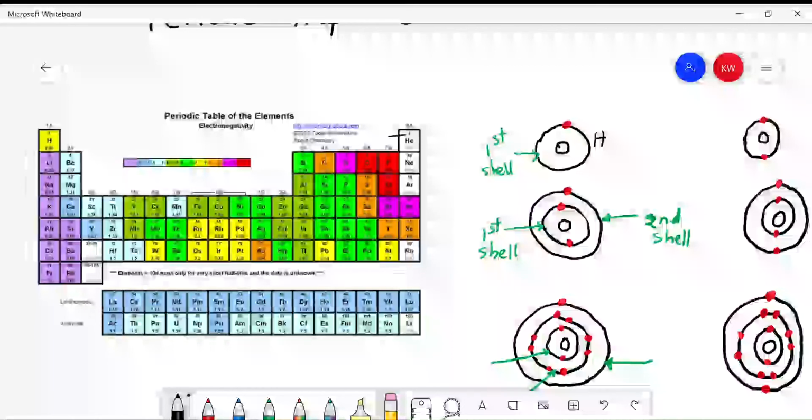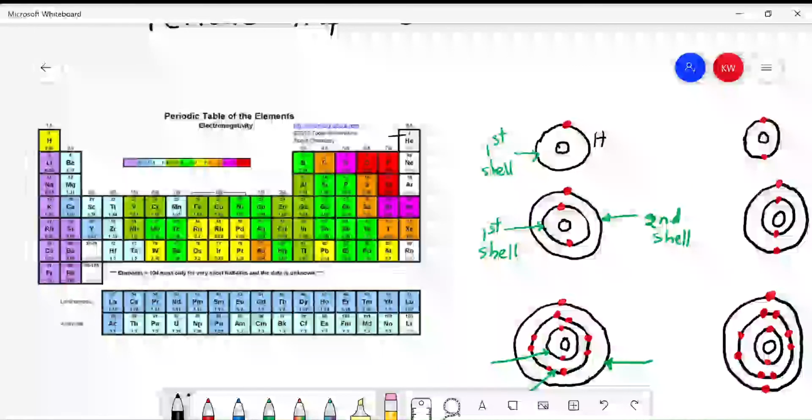The next one will be 3, then 4. Here the first shell is maxed out at 2, so our next electron we have to put in our second shell, and this also has 2. So in group 2, we have 2 electrons in the valence shell.